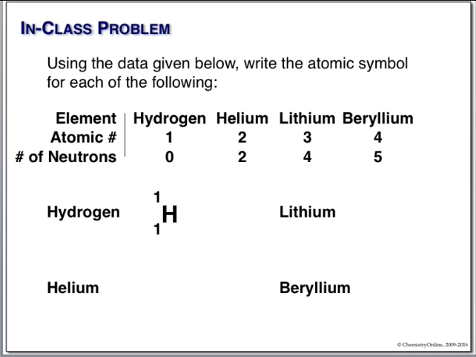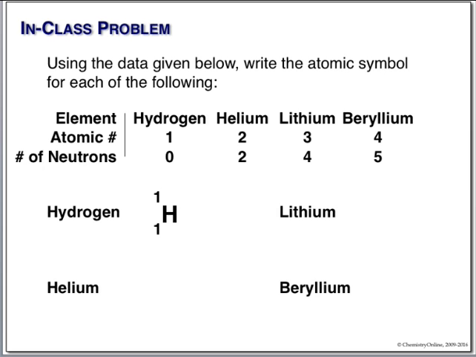So hydrogen looks like this. Mass number of 1, atomic number of 1. Go ahead and do lithium. Lithium is Li. Mass number of lithium, we have 3 plus 4, that's 7.